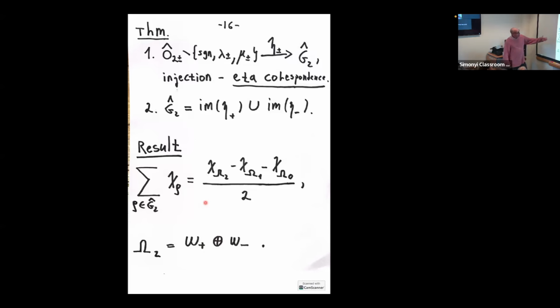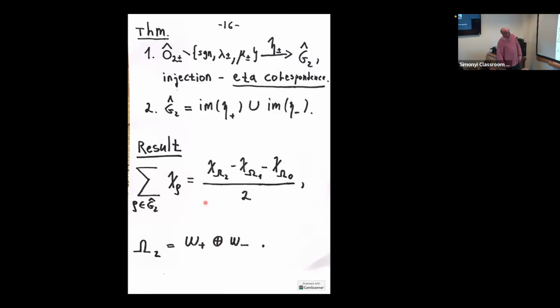In particular, I just look at this decomposition, and the sum of all characters is just the character of the two oscillator representation of SP4 minus the character of the two oscillator representation of SL2, those guys, and the trivial character.